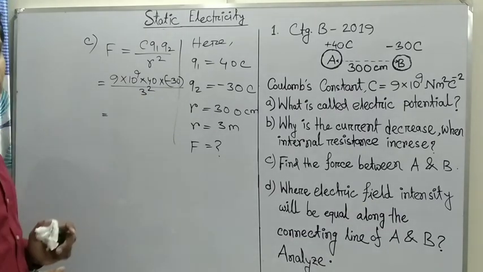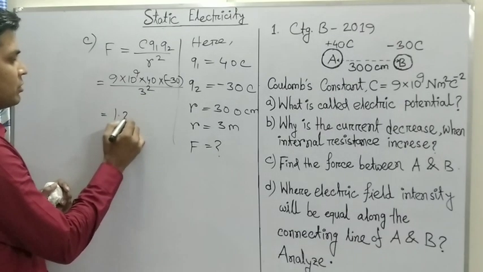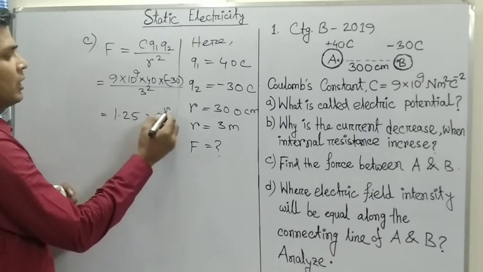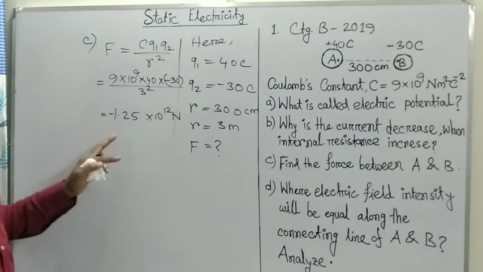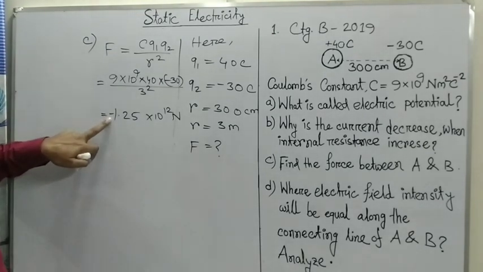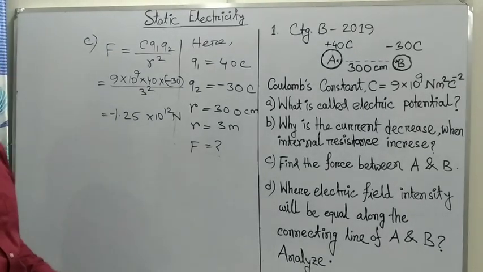Then the result will be 1.25 into 10 to the power 12 Newton. And we used the minus sign, and the minus sign represents that the force is attractive.